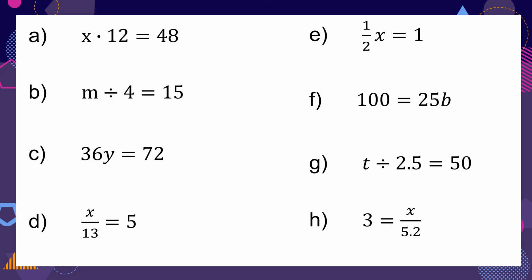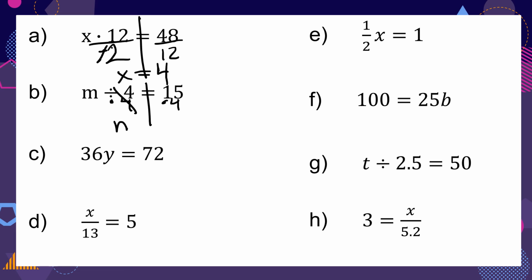Let's take a look at a few of these. You don't need to write these down. I'm just going to jump through them really quick. Instead of times by 12, let's divide by 12. And this is the amount of work that I would expect as well in your homework. Instead of divide by 4, times by 4. Instead of times by 36, divide by 36.